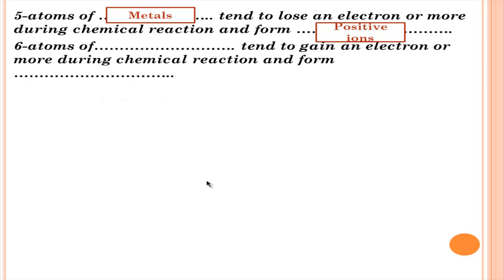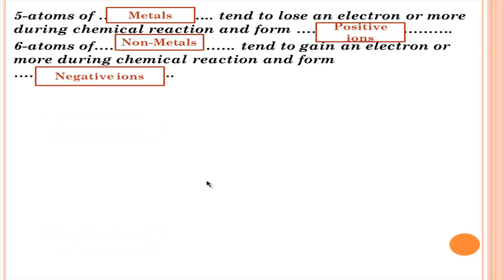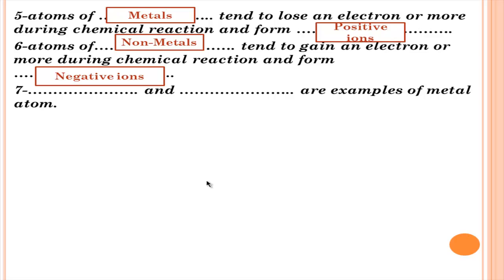Atoms of space, the opposite: atoms of non-metals tend to gain one electron or more during the chemical reaction to form negative ions. Sodium and magnesium are examples of metal atoms.